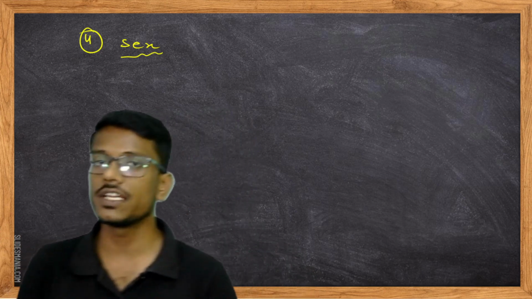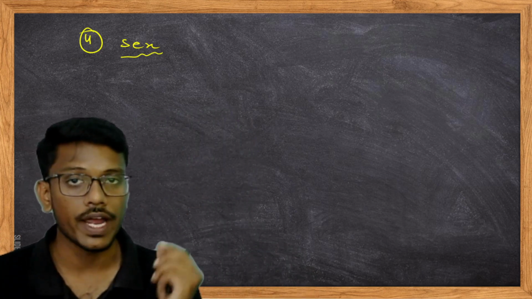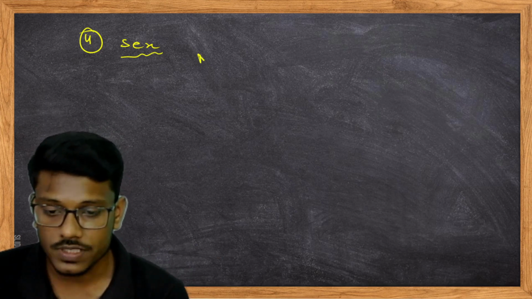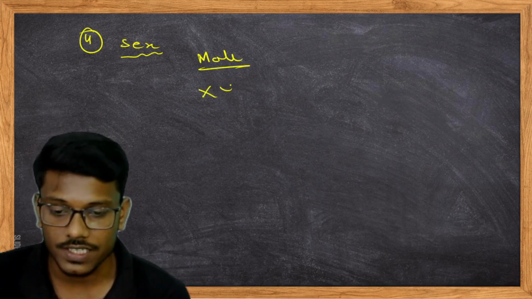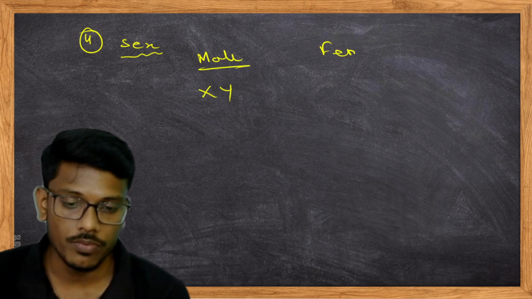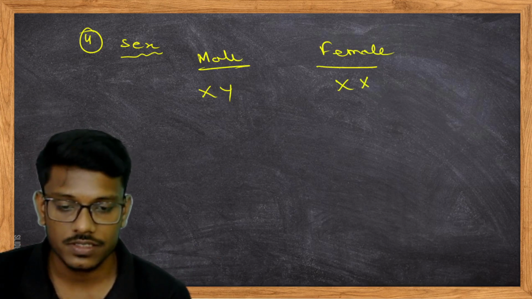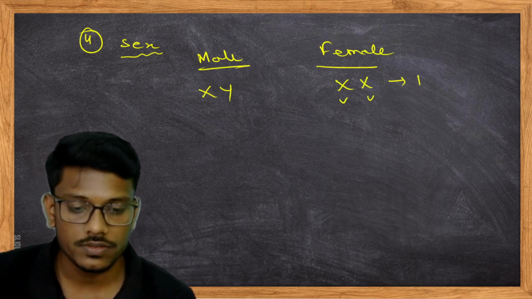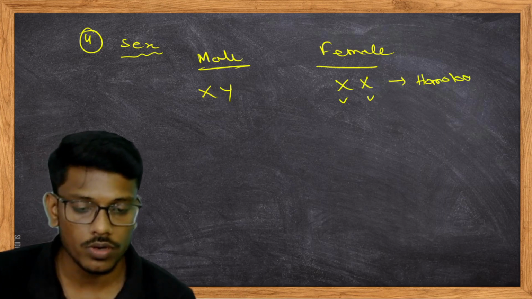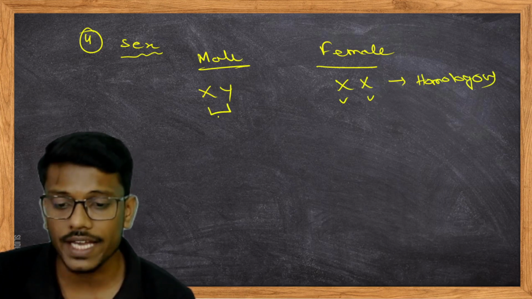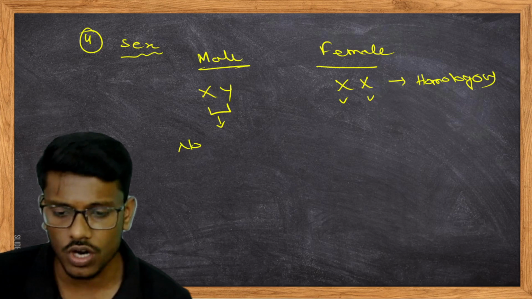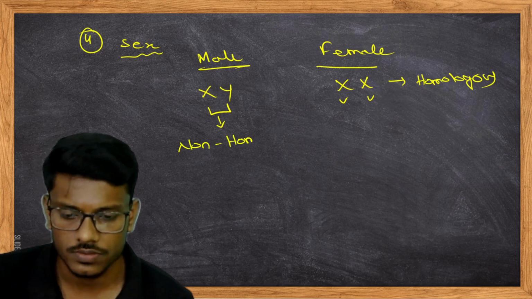But in a male individual, there is X and Y. In male we have X and Y, and in female we have X and X, and these two X chromosomes are homologous. But X and Y are non-homologous.